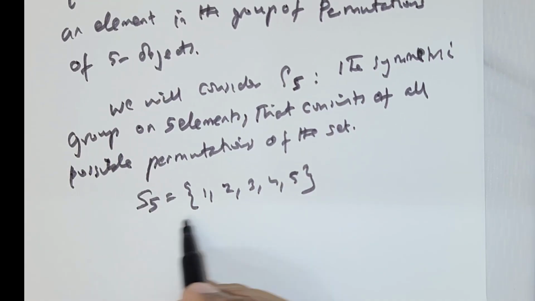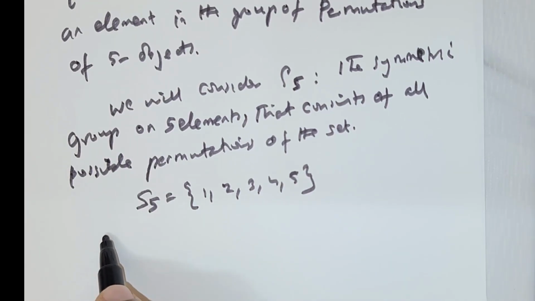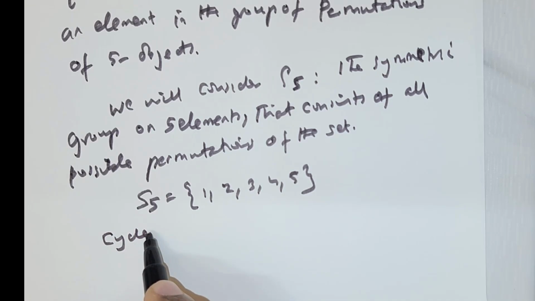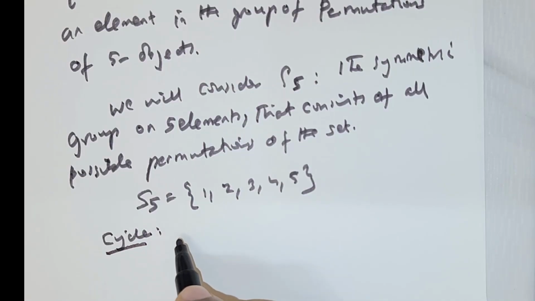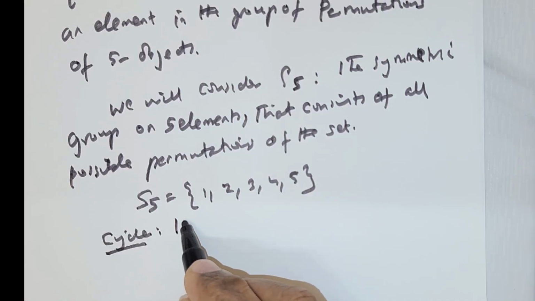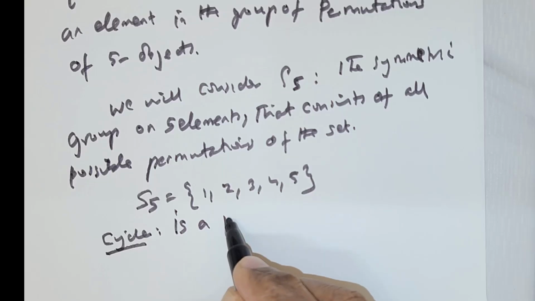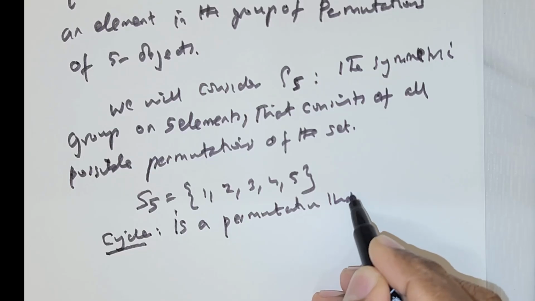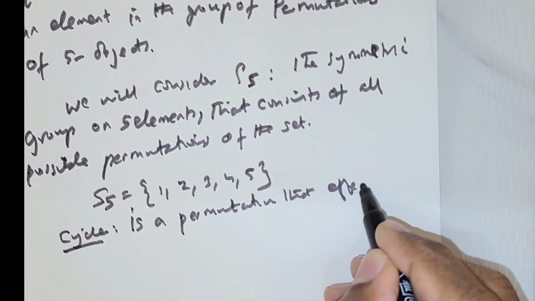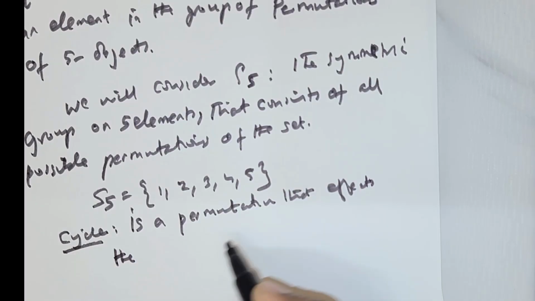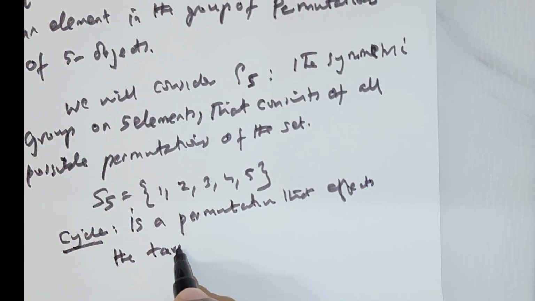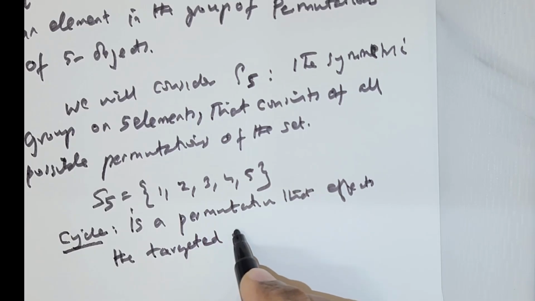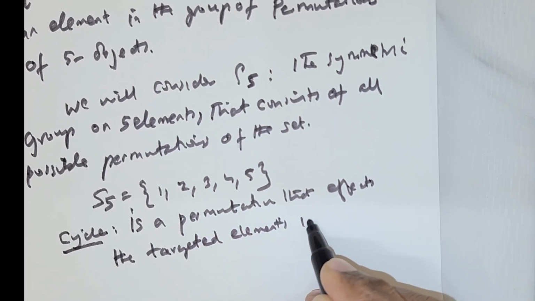Now, having mentioned this, let me bring in the concept of cycle. Now, what is a cycle? You have to know. This is actually a permutation that affects the targeted elements in the set.